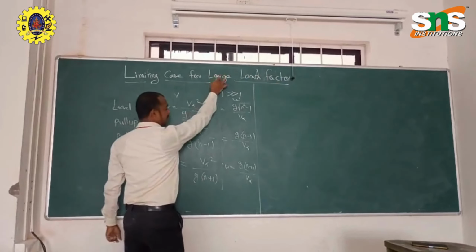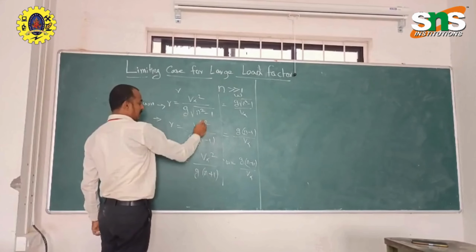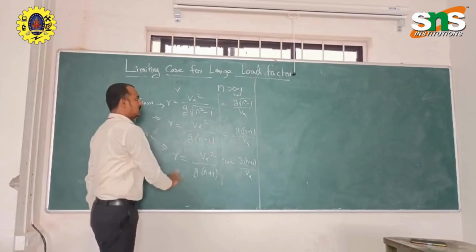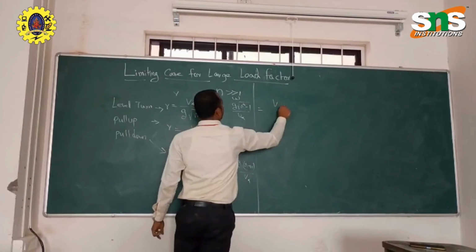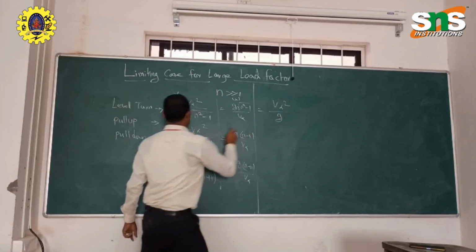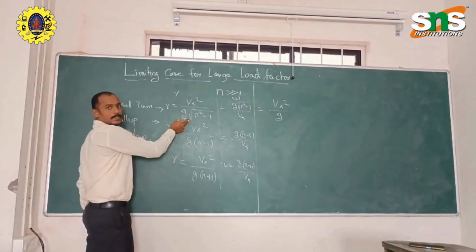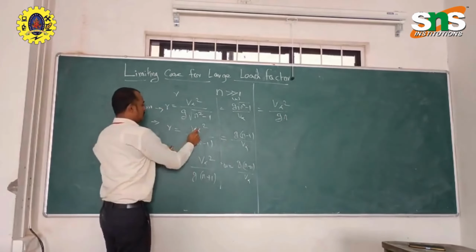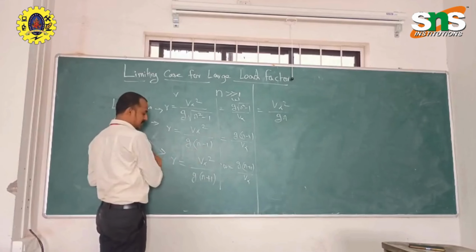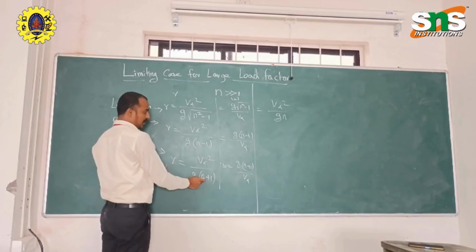If the load factor is large compared with the unit value 1, the entire equation reduces, for level flight, to V infinity square divided by g, times n. For this case also V infinity square by g n, and for this case also V infinity square by g n.